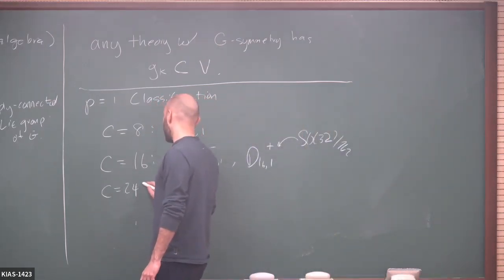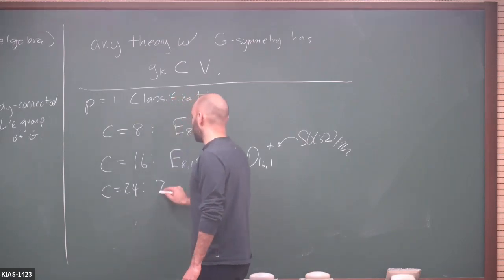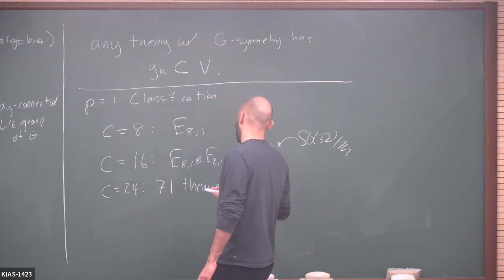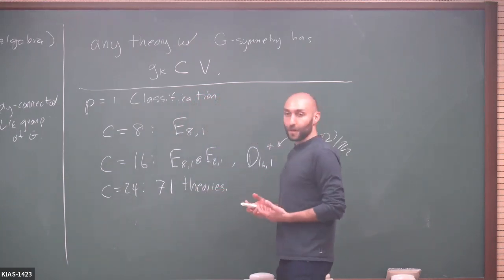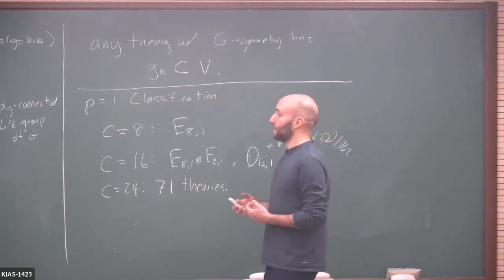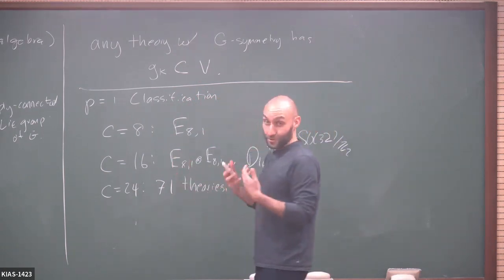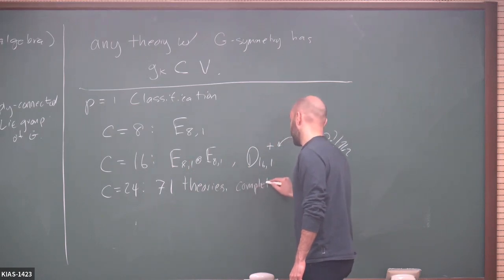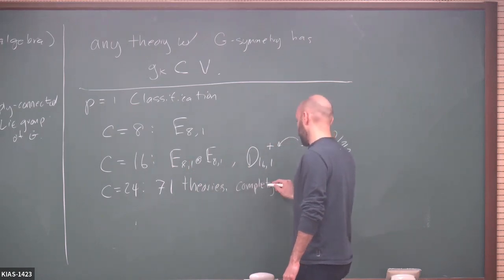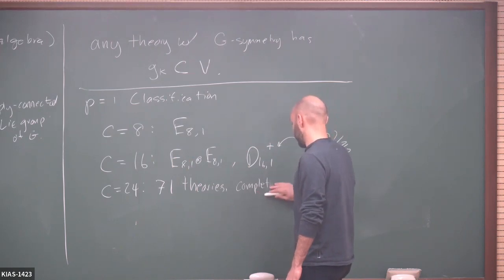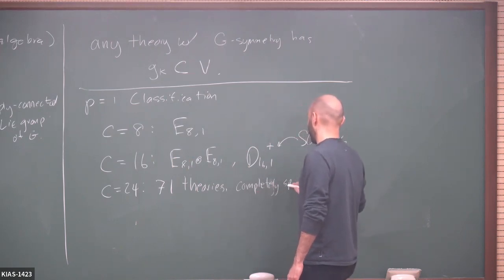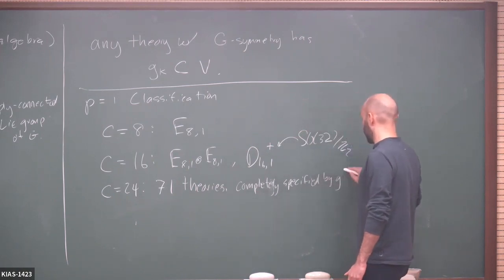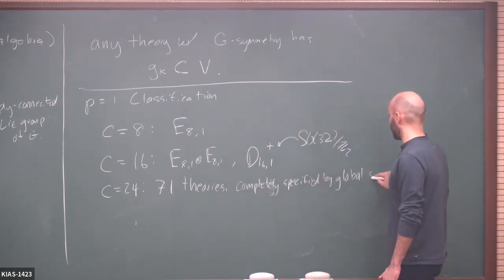When C equals 24, there are 71 theories. And they are completely specified by specifying a Lie algebra, which describes their global symmetries.